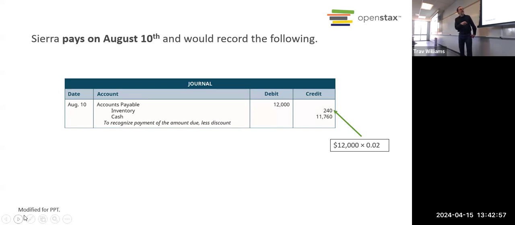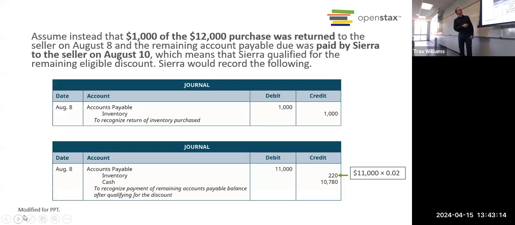The 12,000. Yeah, exactly. Whatever is their remaining accounts payable, that's what they get the 2% discount off of, right? So 12,000 times 2% is 240, and the difference is the cash they pay. You all know that already. This is just sort of review.